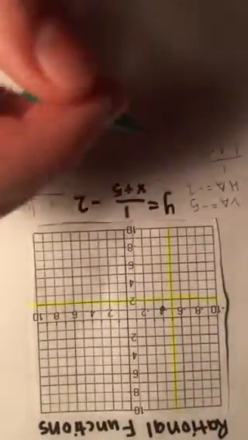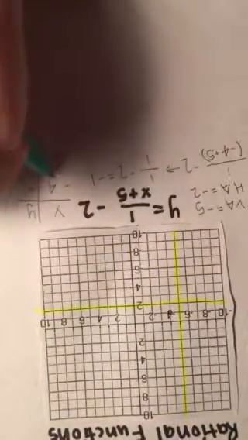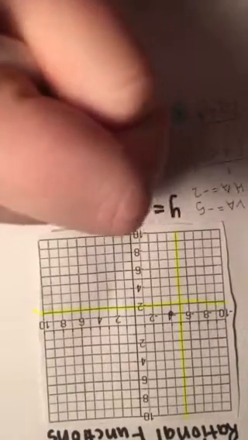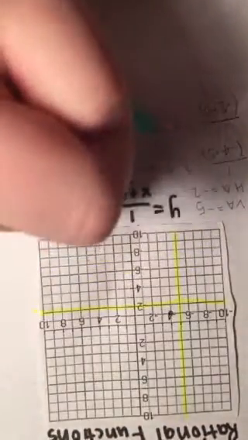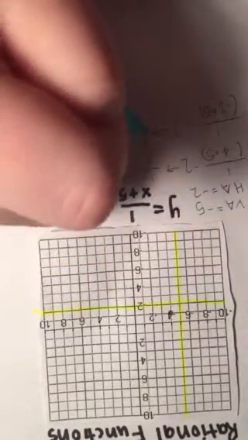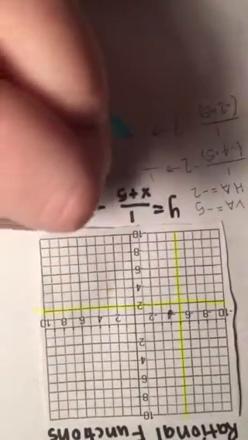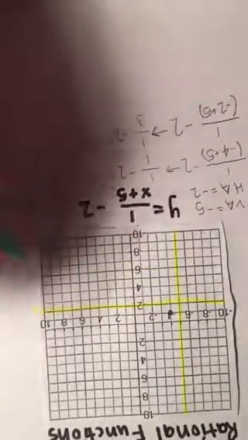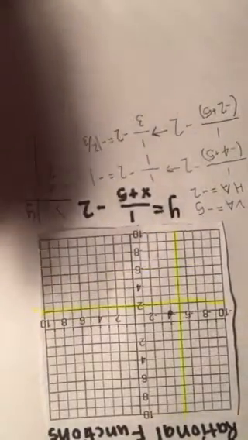We're next going to plug in a -2. When we plugged in the -2, our y equals -1 2/3.